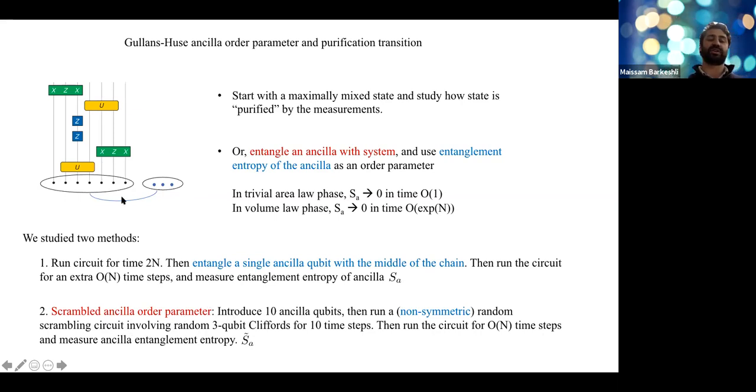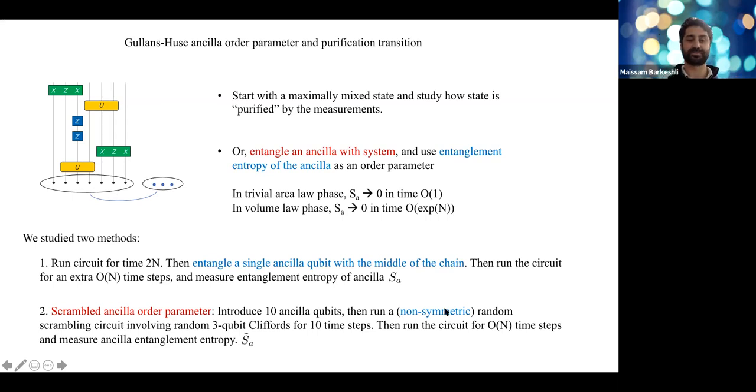The point is you need to make sure that you start off with a sufficiently scrambled state between the system and ancilla, and that you've populated states in every symmetry sector of the theory. So you need to make sure that the scrambling circuit does not obey the Z2 cross Z2 symmetry.